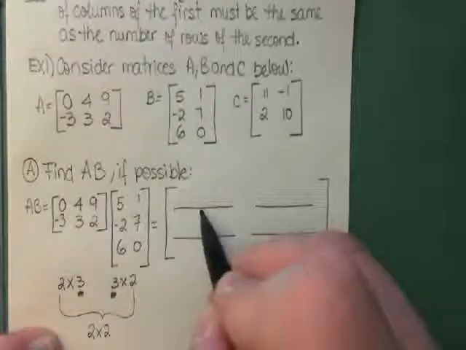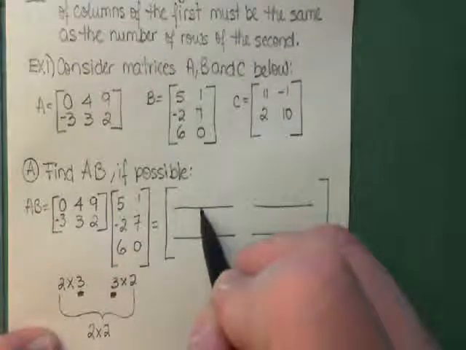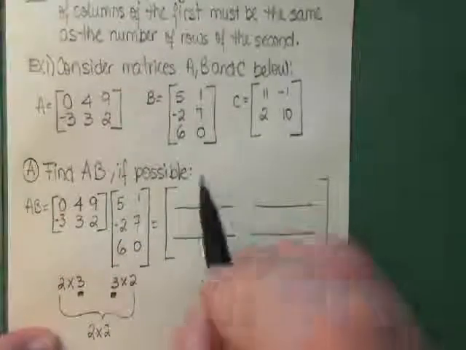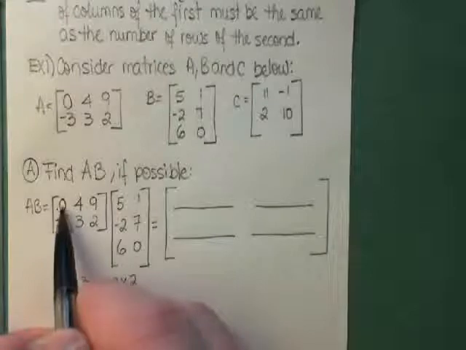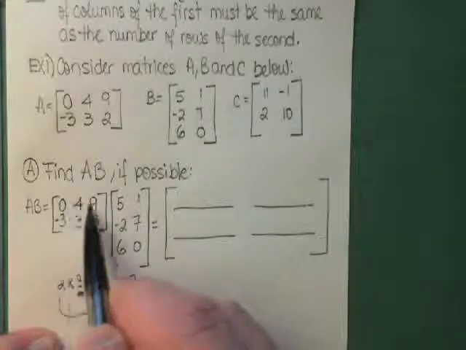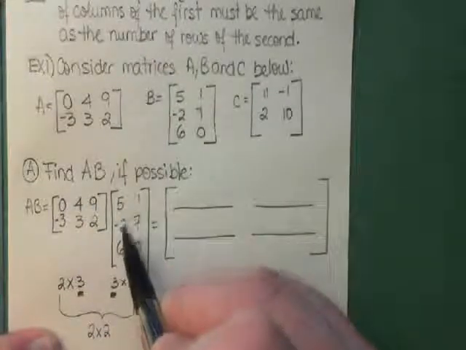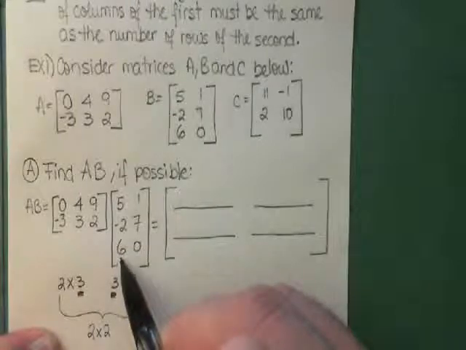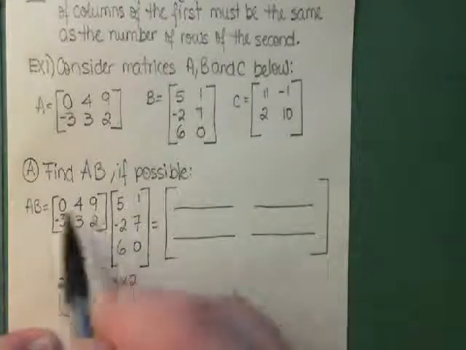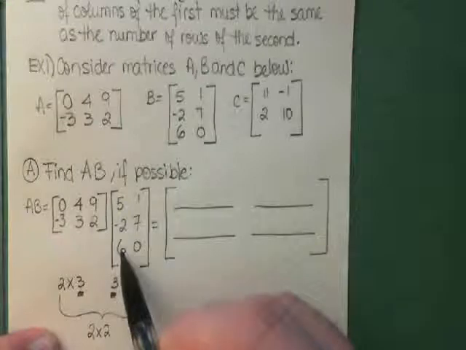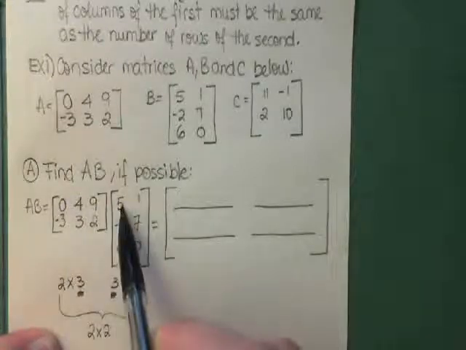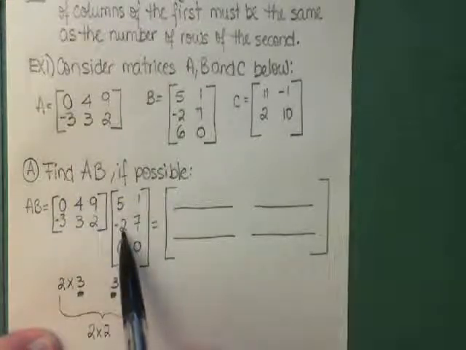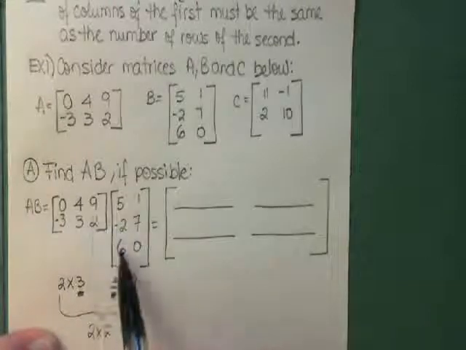Okay, so let's go back to our starting point here. Row 1, column 1. Basically what we're going to do is take the numbers of row 1 and multiply by the numbers of column 1. You do first number with first number, second number with second number, third number with third number.